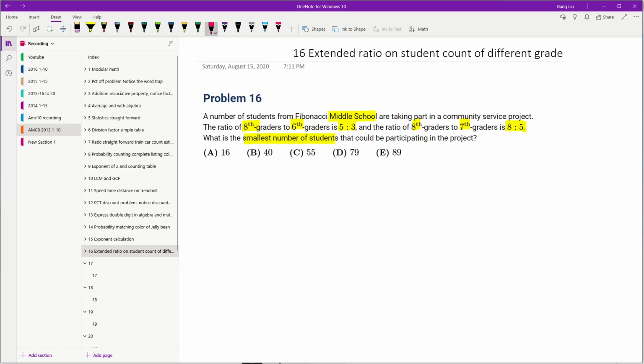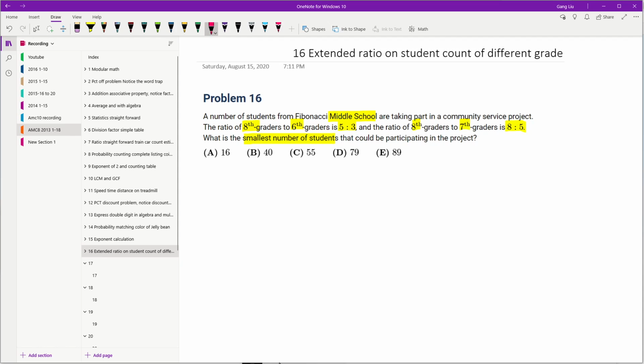Problem 16. A number of students from Fibonacci Middle School are taking part in a community service project. The ratio of 8th graders to 6th graders is 5 to 3, and the ratio of 8th graders to 7th graders is 8 to 5.